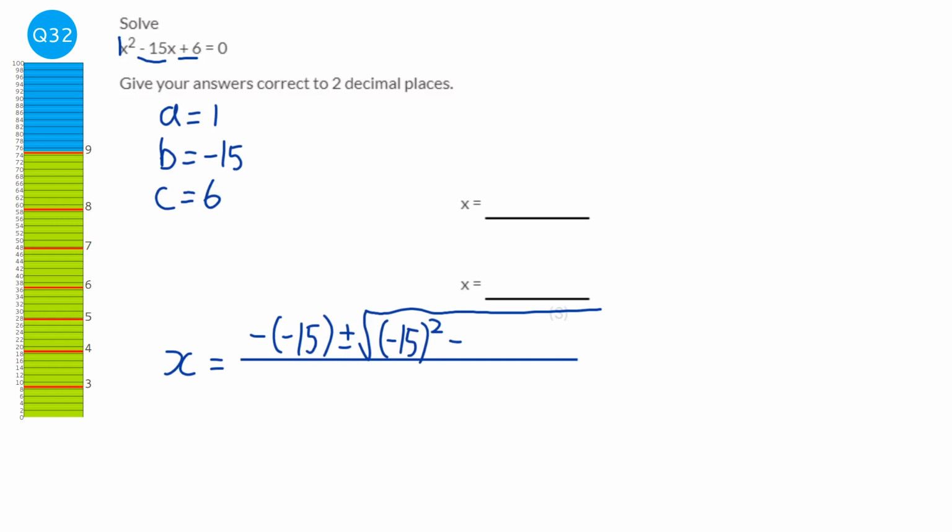And I just put brackets for each of the numbers, so 4 times 1 times 6, because if you put brackets around all of them, you'll never ever have that problem. And then 2 times 1. Put that into our calculator with a plus there, and you will get the answer of 14.588... Go back on your calculator and change that to a minus.